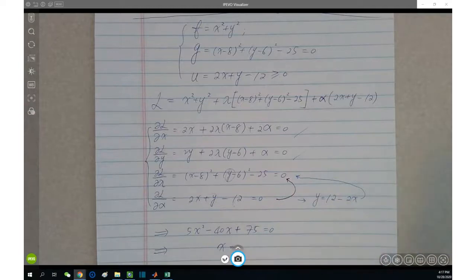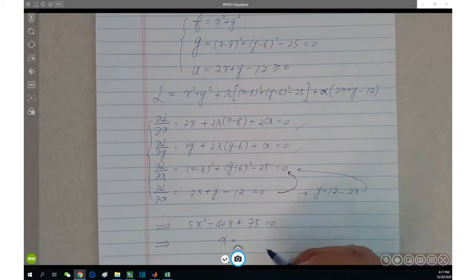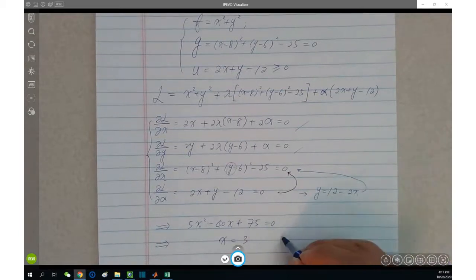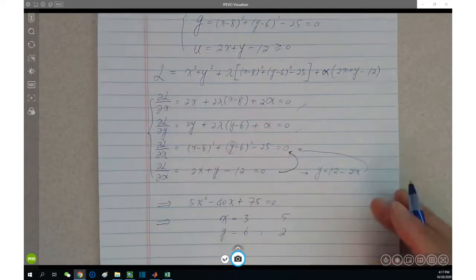Anyone got it? Maybe not, it's fine. x is 3.5, and correspondingly you get the y values, 6 and 2 respectively.